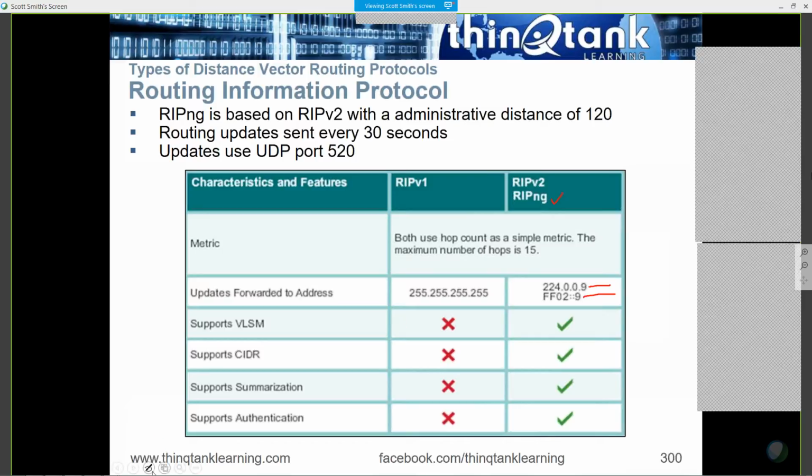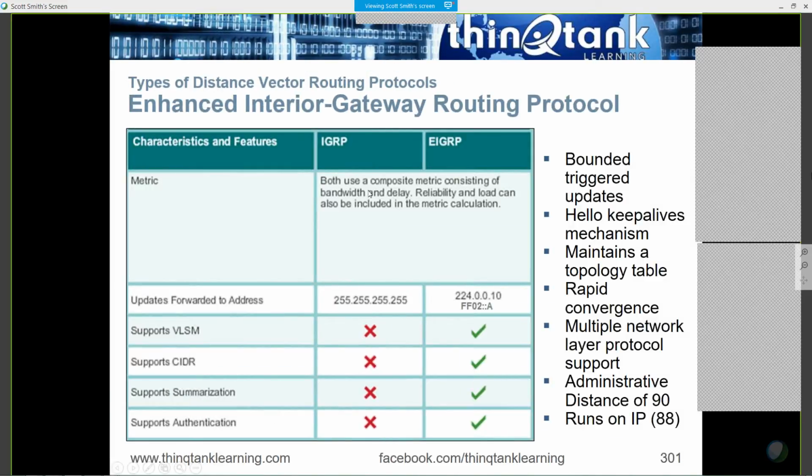EIGRP versus IGRP. You're going to see a lot of similarities here because these protocols are very similar to each other, at least IGRP is. They use a composite metric. By definition, a composite metric means there are several different variables that go into calculating the metric.